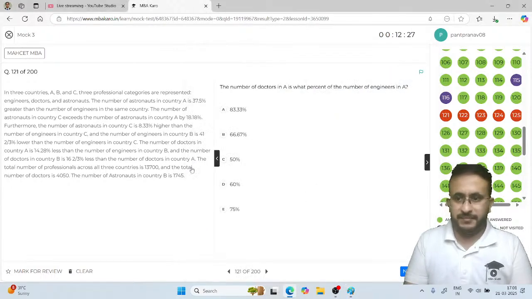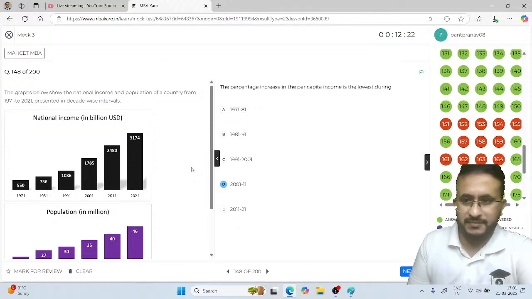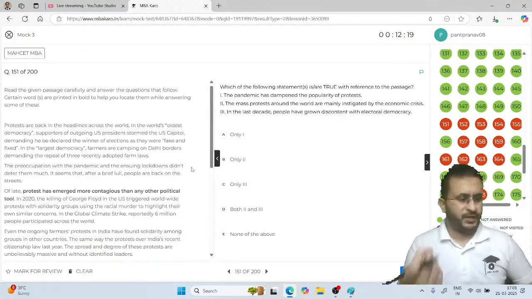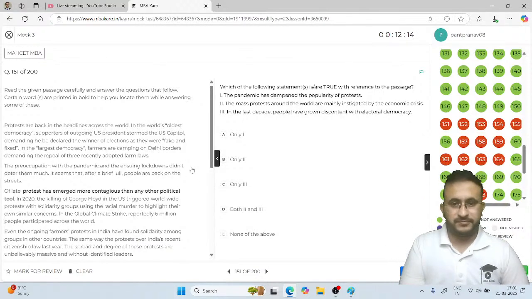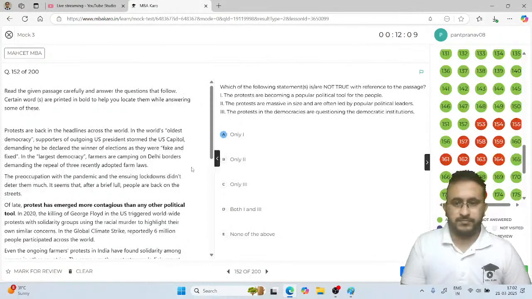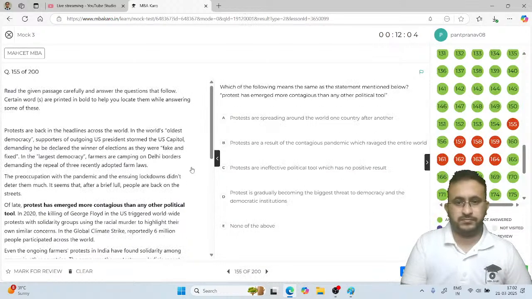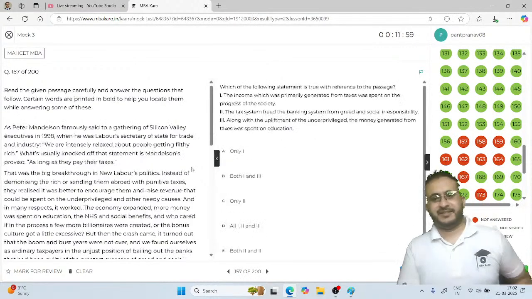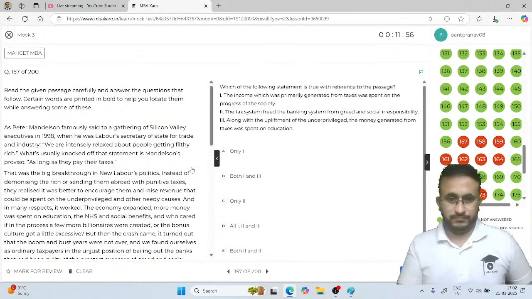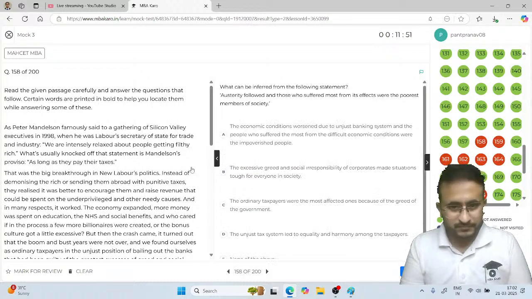Or let's do one thing. Because I have confidence in quant, I will mark these questions and randomly mark the other ones. So let's attempt some questions randomly. Let's mark some random. So this is at least we did one. This looks quick.